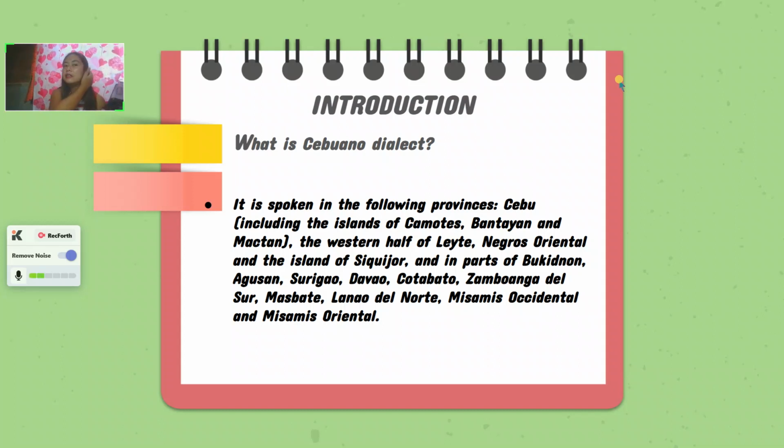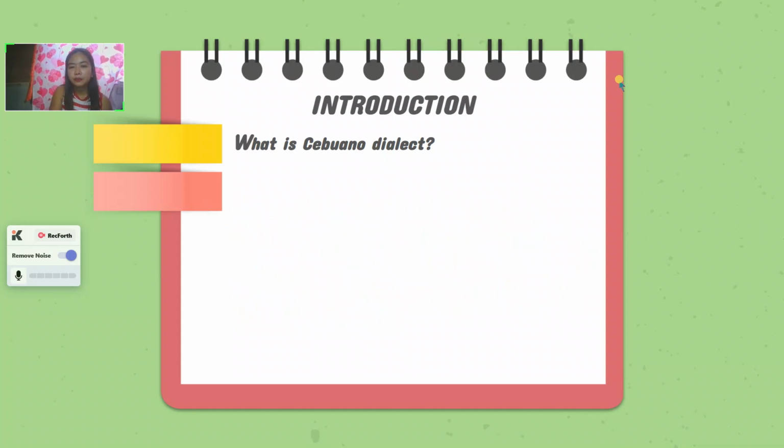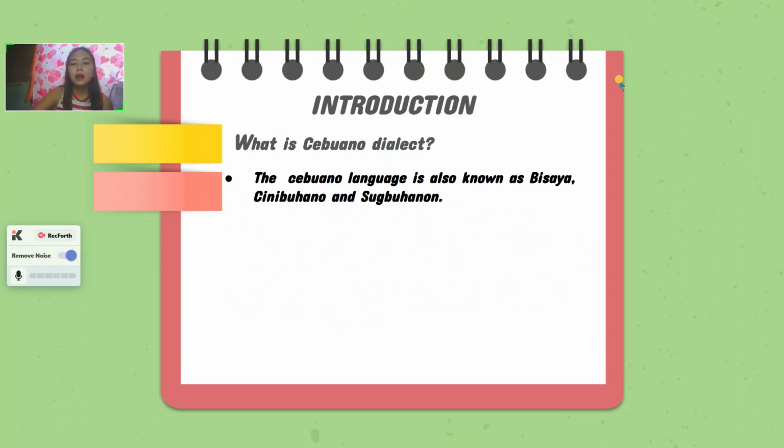And when you go to Davao, here in my place, there are some differences. For example, this word, Sinibuhano.